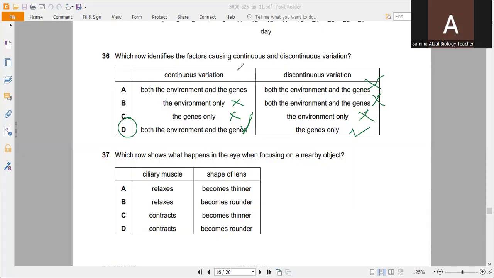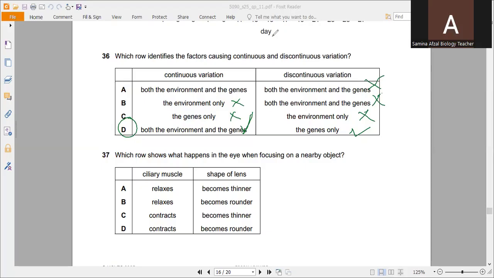Next, which row shows what happens in the eye when focusing on a nearby object? For a nearby object, consider the ciliary muscles and the shape of the lens.